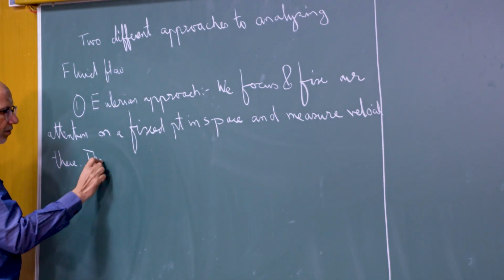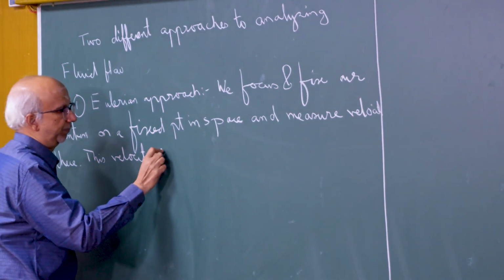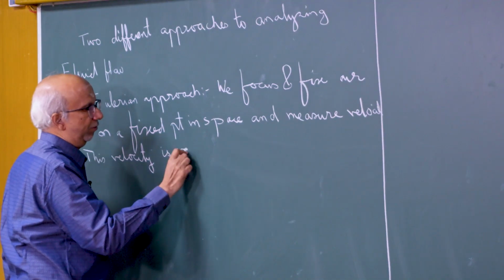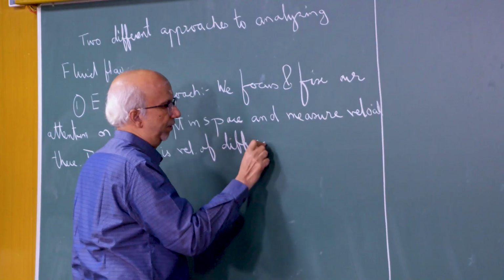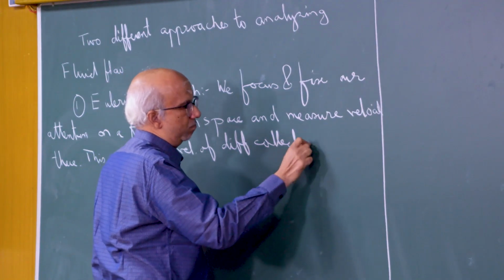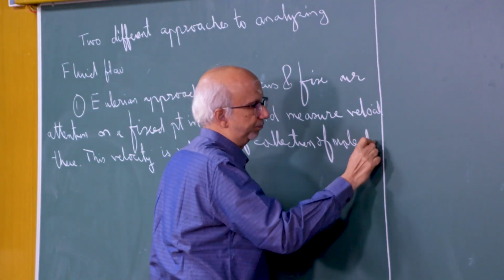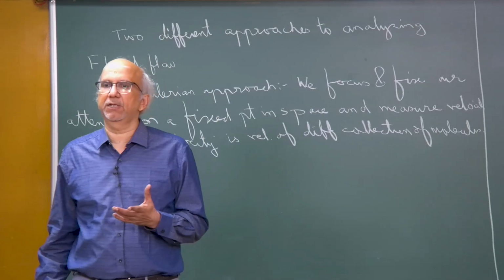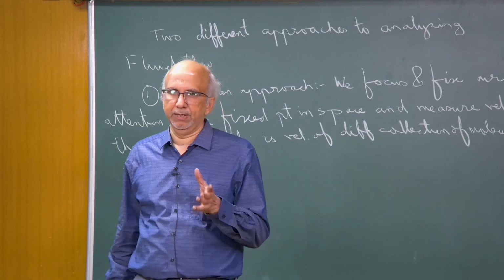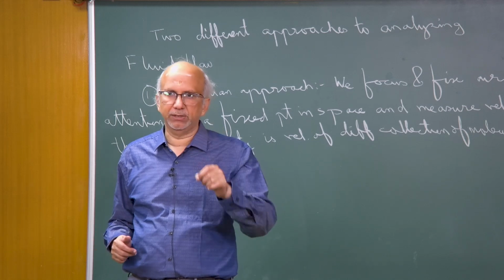So, this velocity is the velocity of a different collection of molecules. Okay. So, this is what you are doing, and this is the typical thing you can do in fluid mechanics. I mean, if you have a reactor, you put the probe at a particular point and you make the measurement.